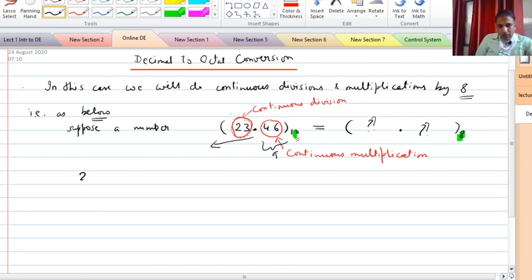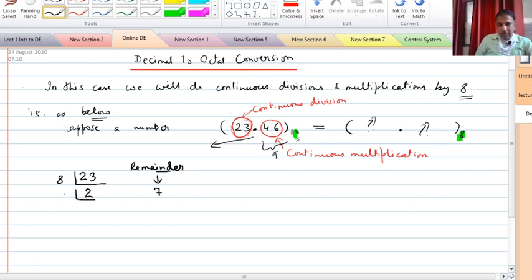That is 23, we have to divide it by 8 and write down the remainder at this position. 23 divided by 8 is 2 with remainder 7.